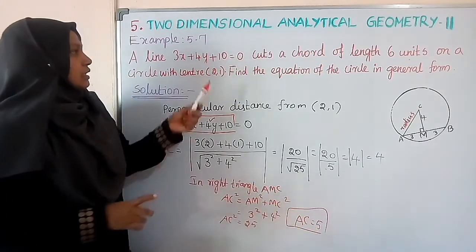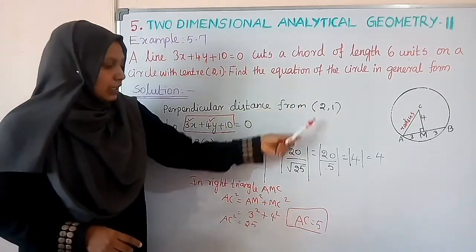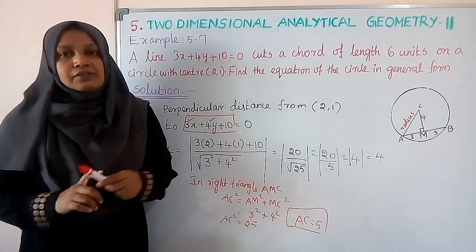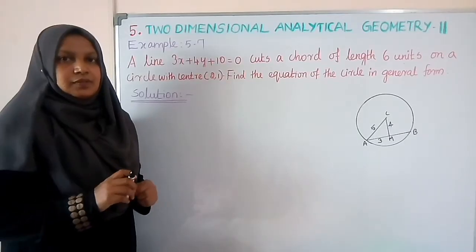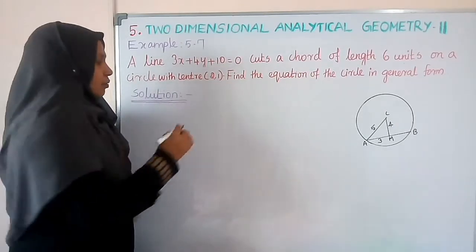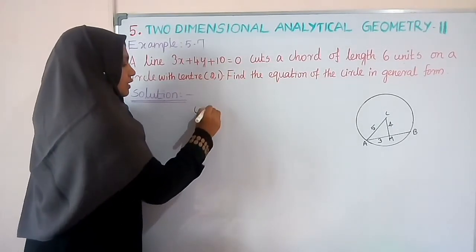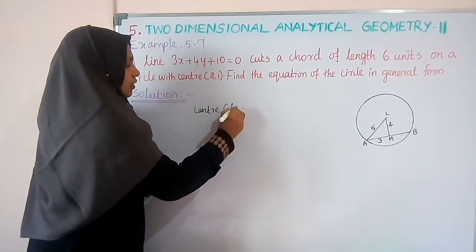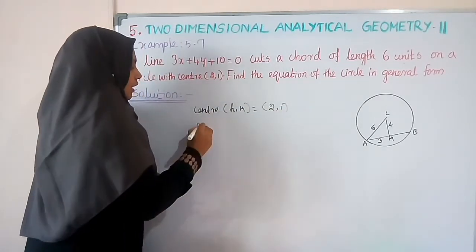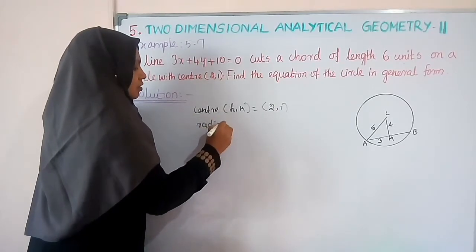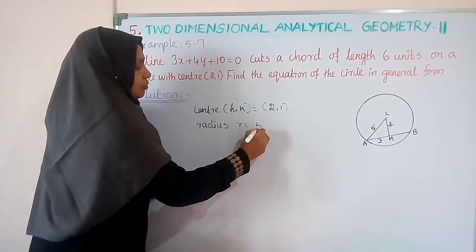Now using the center 2, 1 and the radius 5, we can find the equation of circle. The center H, K is 2, 1 and the radius R is equal to 5.